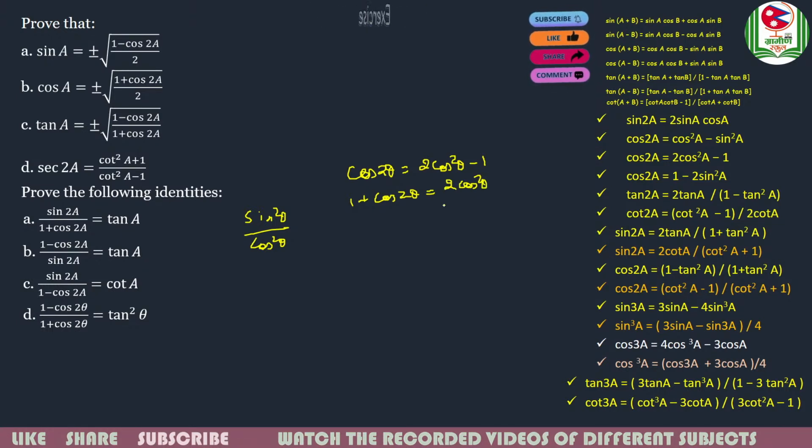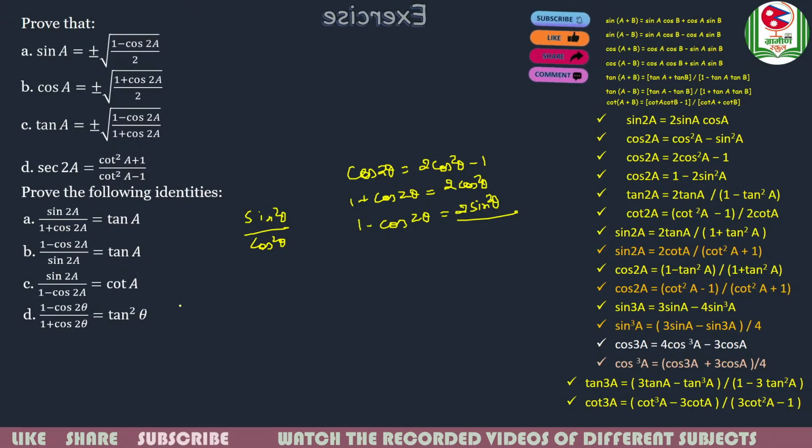And 1 minus cos 2 theta is going to be 2 sin square theta. So we can easily replace 1 minus cos 2 theta by 2 sin square theta, and 1 plus cos 2 theta by 2 cos square theta. Then the 2 is cancelled out, and we will obtain sin square theta upon cos square theta.